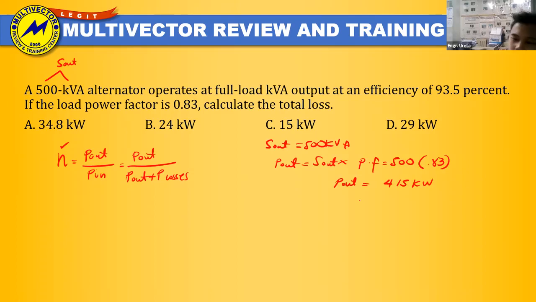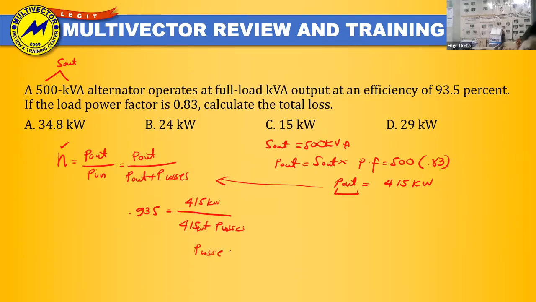Okay, so now I have the output. If I substitute that output power here, our efficiency, which is 0.935, is just equal to the output power, 415 kilowatts, over 415 kilowatts plus all the losses. Since this is in kilowatts, the losses are automatically in kilowatts.